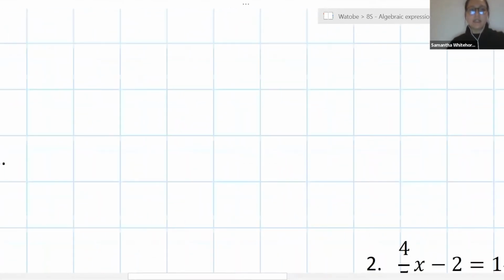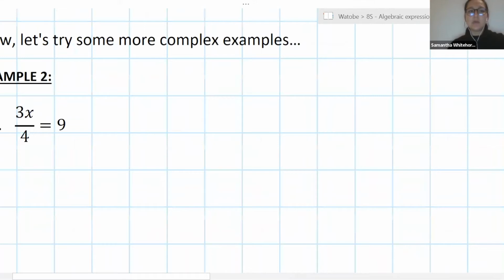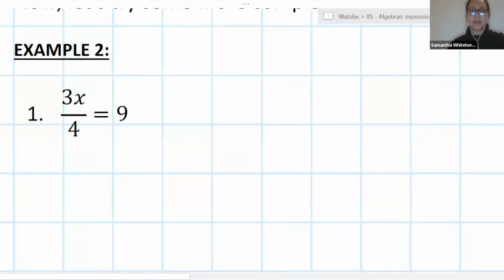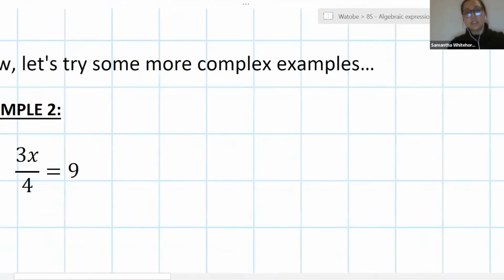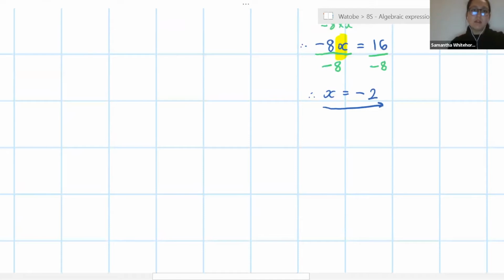Let us now have a look at some slightly more complex examples. Now we're going to look at things involving fractions, things involving distribution, but there really isn't anything more challenging. As long as you remember your opposite operations, you'll be absolutely fine. I'm seeing on the chat, Lesedi's asking if there's any other method.